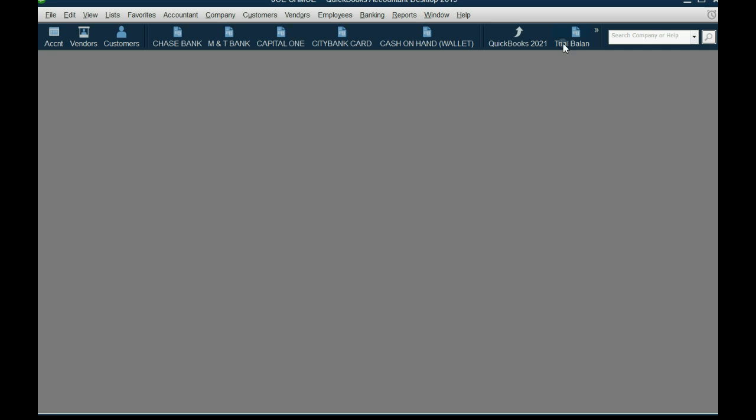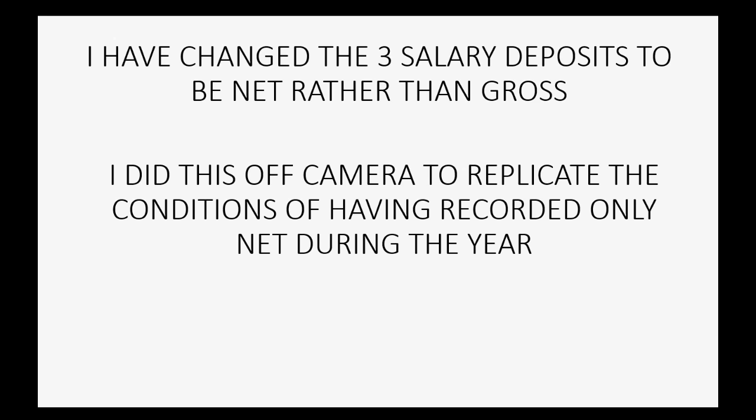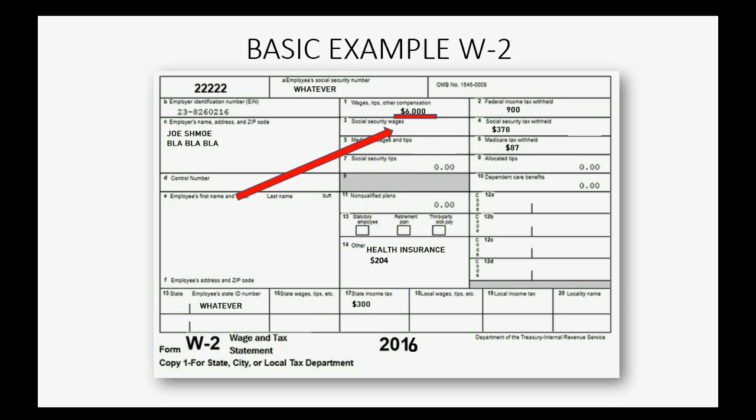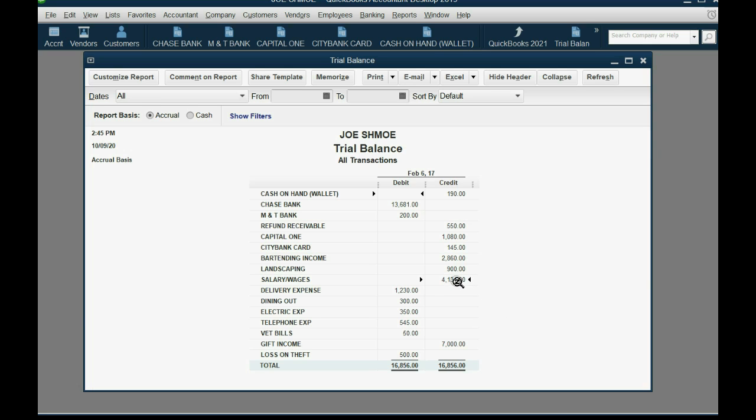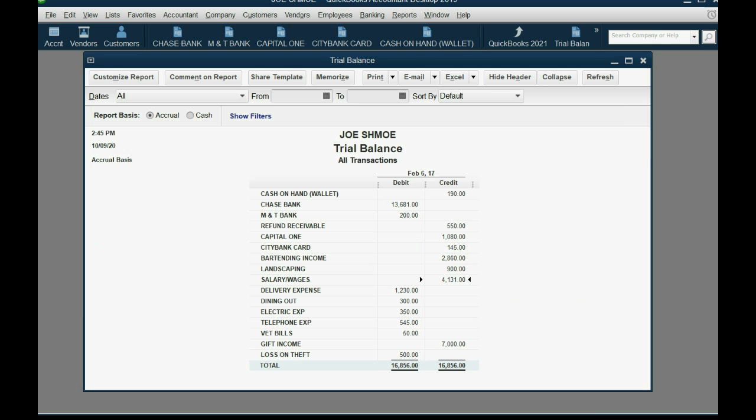So if you do that and you go to your trial balance, you will see that now salary and wage expense only reflects the net pay. You see, the gross pay, as you know, is $6,000. But the net pay is all we recorded in this example: 3 deposits of the $1,377 that we were working with in one of the previous videos.